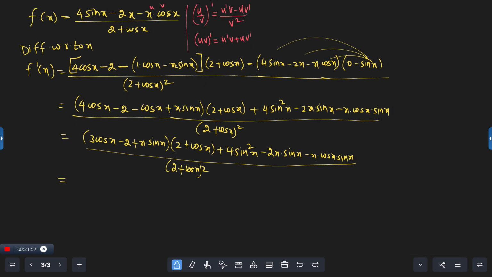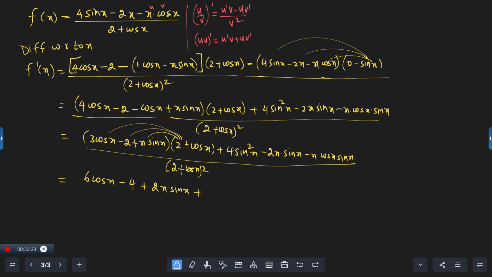Right. Now we'll go here. So take 2, multiply inside carefully. Same manner for cos. Understand? 2 when you multiply, 6 cos x. What I'm getting? 6 cos x. And 2 2s are 4, 2x into sin x.